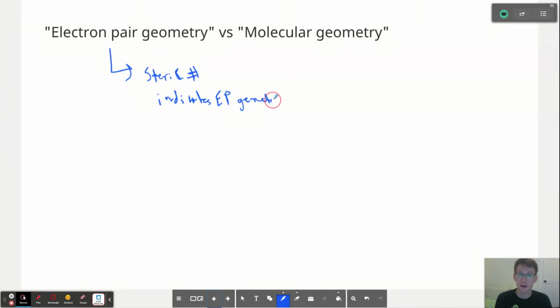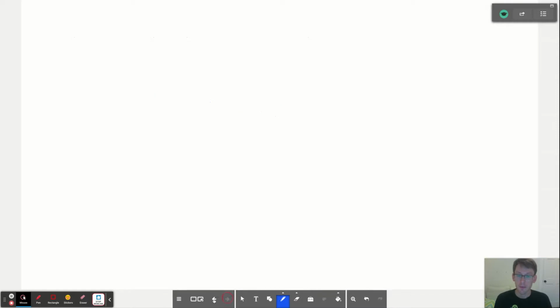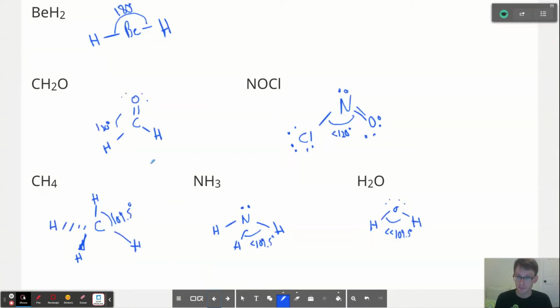So what I mean by this is if we look at CH2O and NOCl, both of these have 3 electron domains. So they are both the same electron pair geometry.